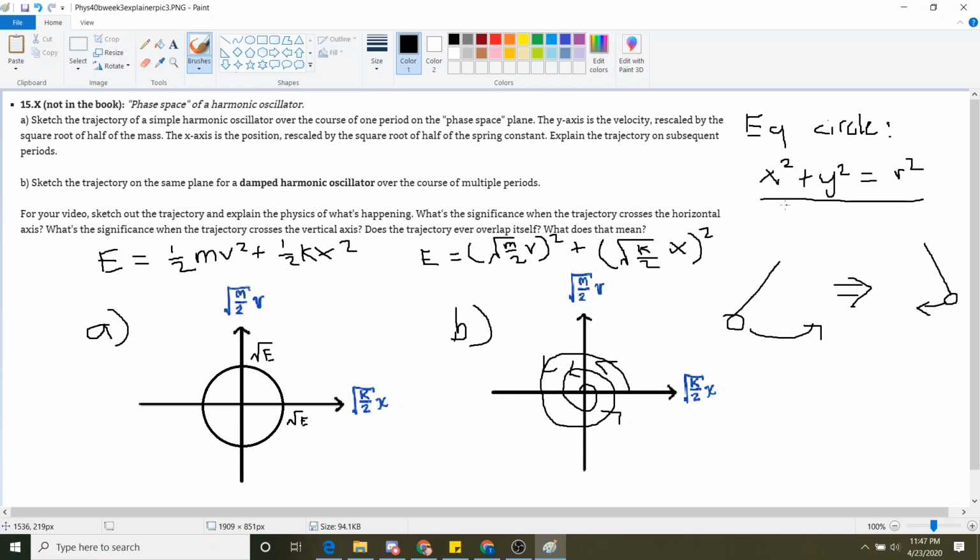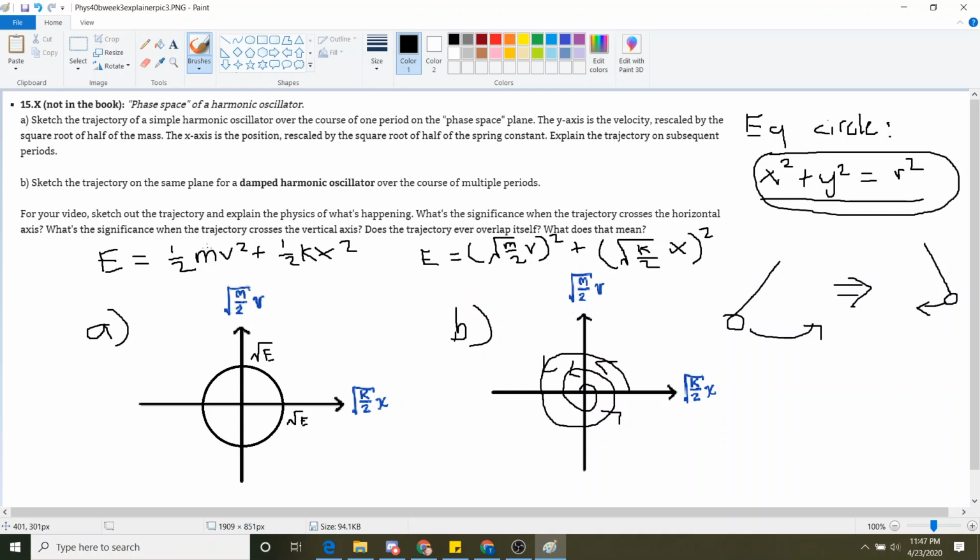So, since this is a simple harmonic oscillator, we will always end up back at the same position after each period. So it should look something like a circle, and this is the equation of a circle. It's also given that the y-axis is the velocity and the x-axis is the position.